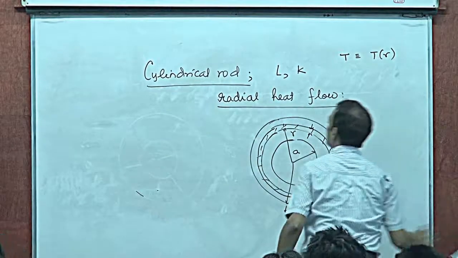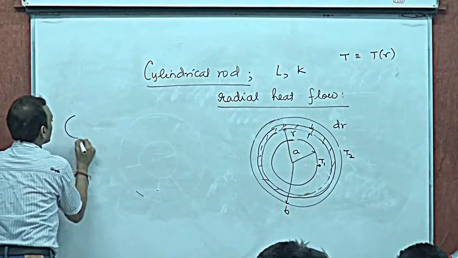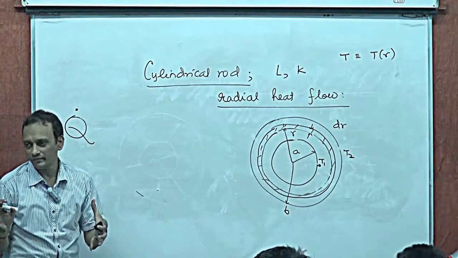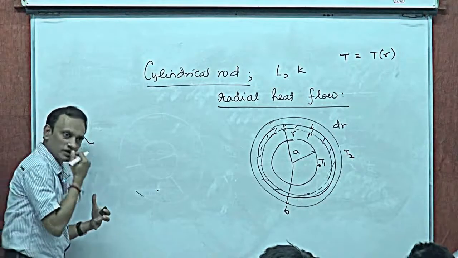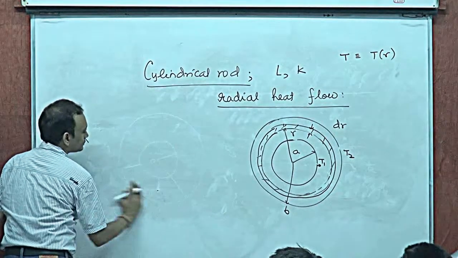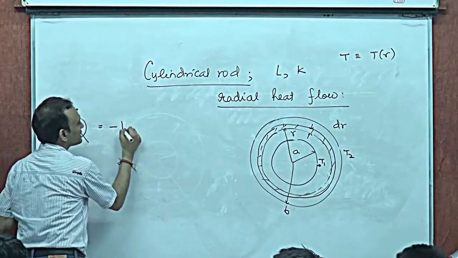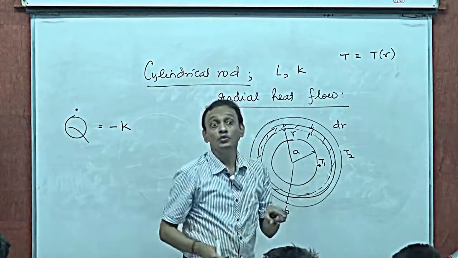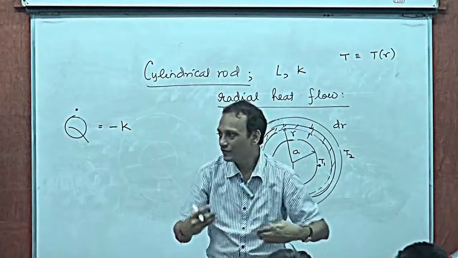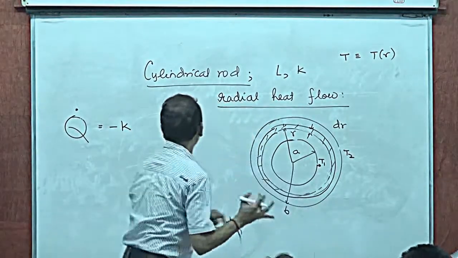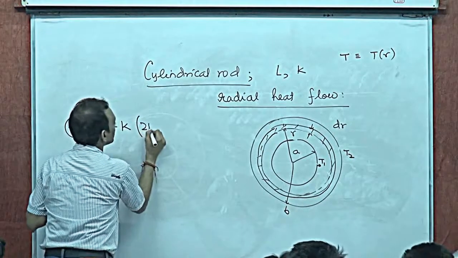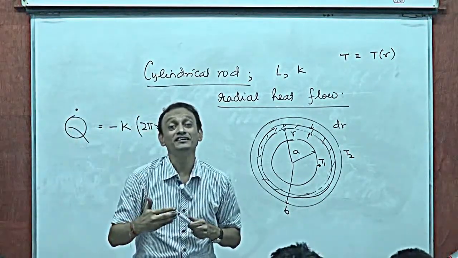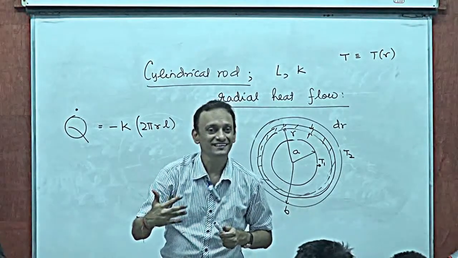The heat current associated with any given r, Q dot, that means watts, is like dQ/dt, right? It would be minus k times the area of this, which is 2 pi rl. That's the curved surface over which the current wavefront lies, right?